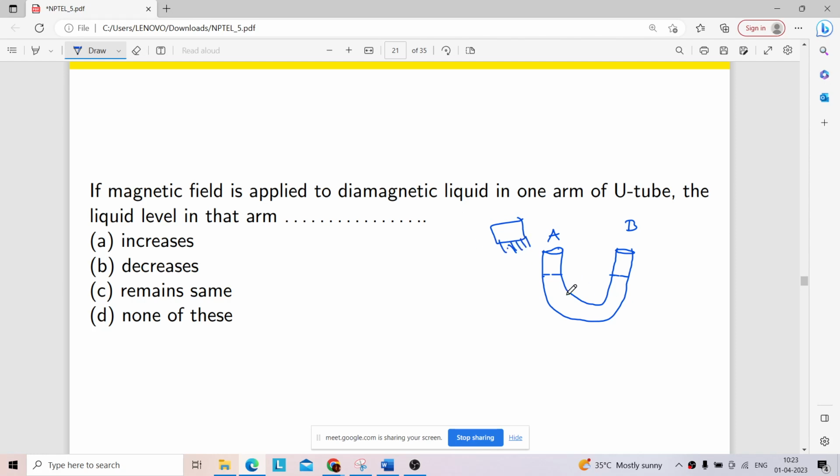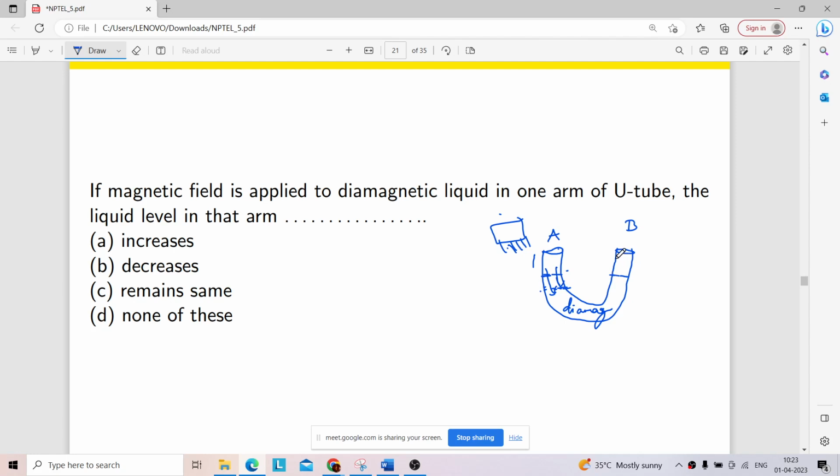Then what will happen? As this is diamagnetic material, as we apply a magnetic field on this side, it will get repelled, right? So what will happen on this side? The level will decrease. This will come to this level, let's say.